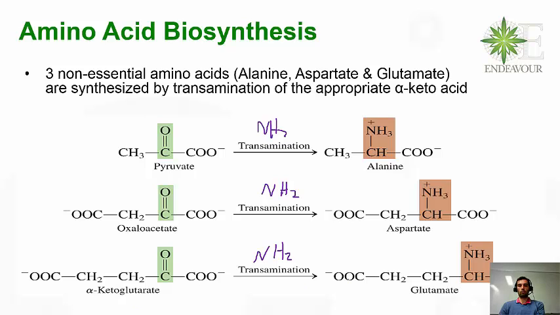So alpha-ketoglutarate becomes glutamate. So we saw these interconversions in the transamination reactions that we talked about earlier. So essentially this is how we're able to generate these amino acids in the body, and that's what makes them non-essential amino acids.